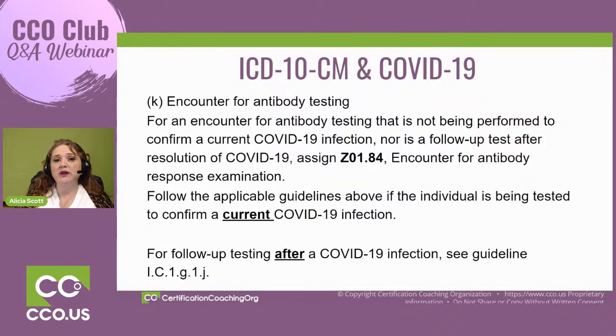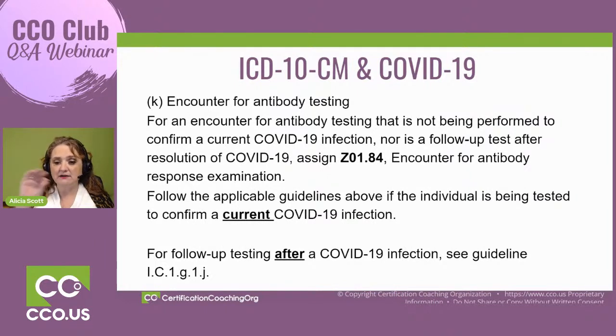Now, we could have a patient that comes in for antibody testing. It doesn't matter if the patient has not had COVID, or had a positive COVID test, or this could be after a COVID tested positive and they have them come back. Are you still testing positive for COVID? So encounter for that antibody test is a Z01.84, right?